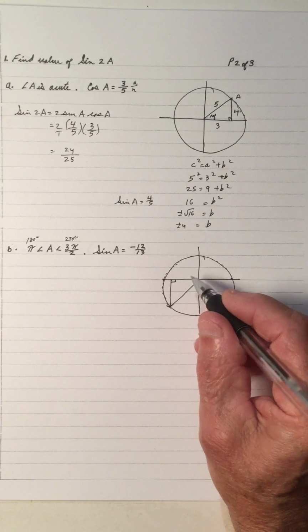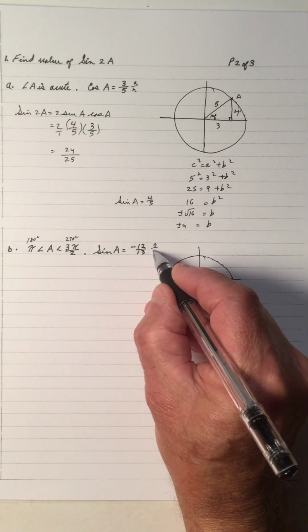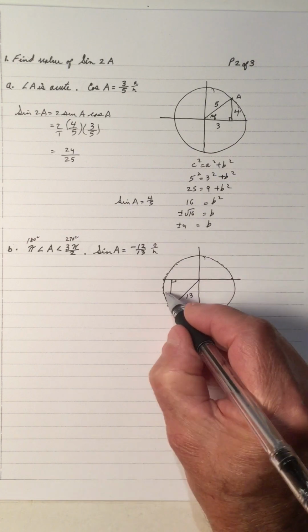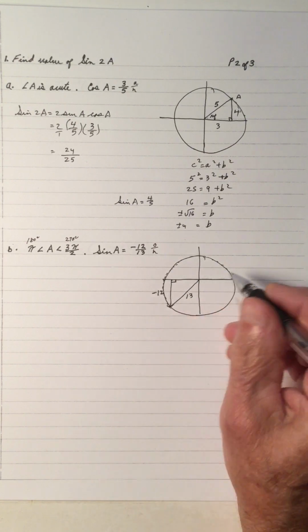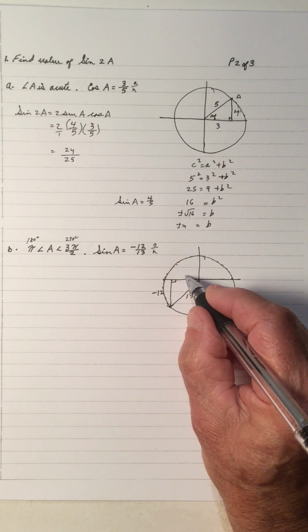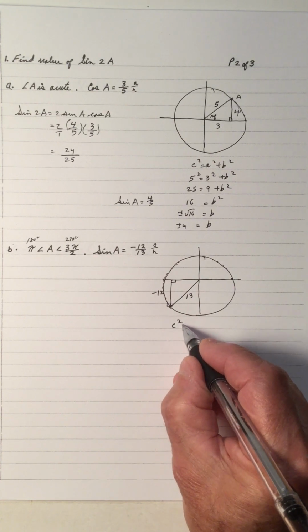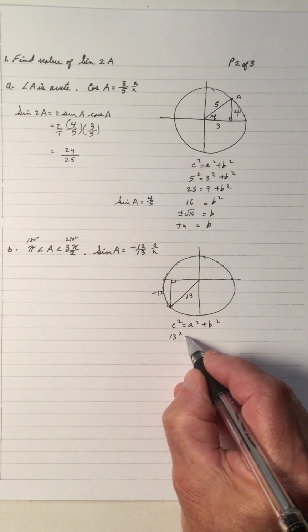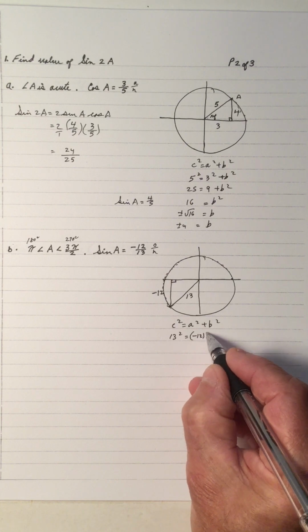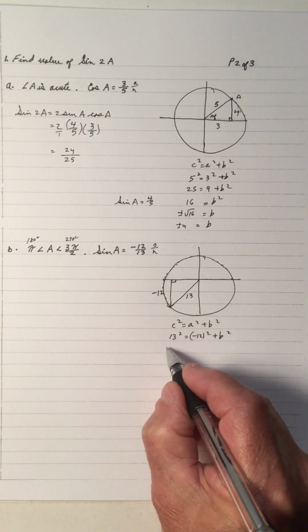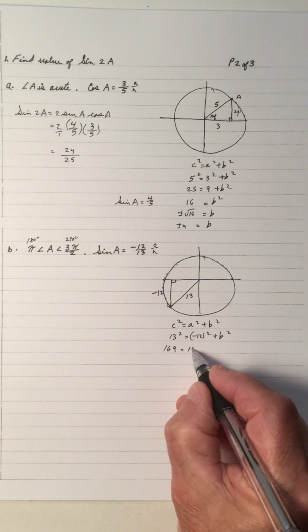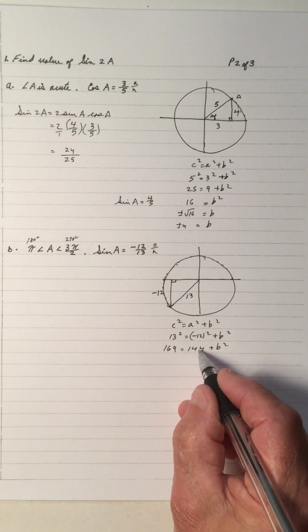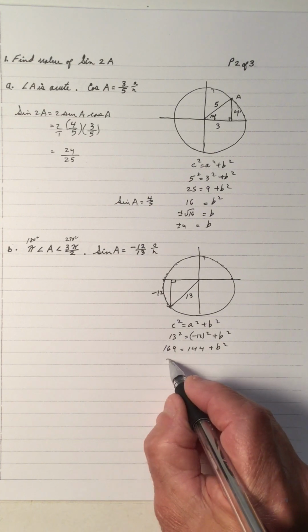And sine is opposite over hypotenuse in this diagram. So the hypotenuse is 13. Opposite is a negative 12. And we have to find what this side is by Pythagorean property. C squared is a squared plus b squared. So hypotenuse is 13, A is negative 12 squared plus b squared. So 169, 144. And 169 subtract 144 is 25.